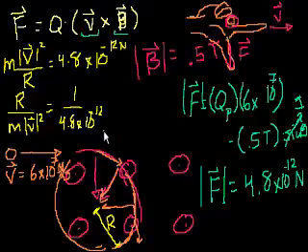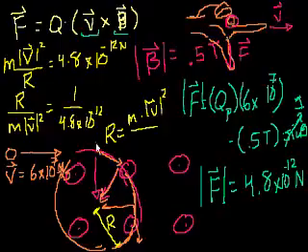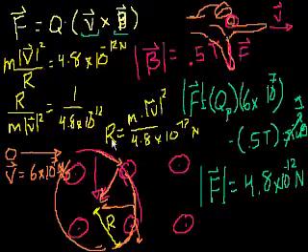And we get that the radius of this circle is going to be equal to the mass of the proton times the magnitude of its velocity squared, divided by the force from the magnetic field, the centripetal force, 4.8 times 10 to the minus 12 newtons. And the radius should be in meters since everything is in standard SI units.